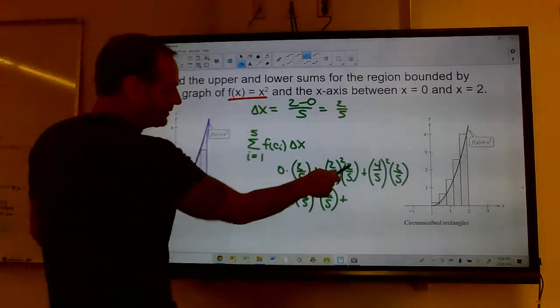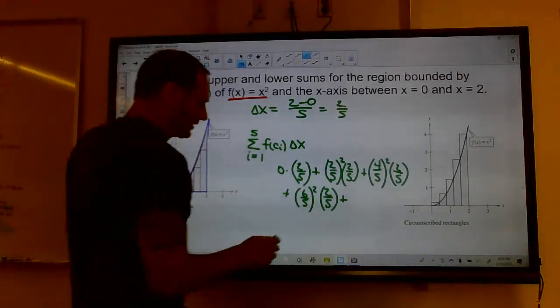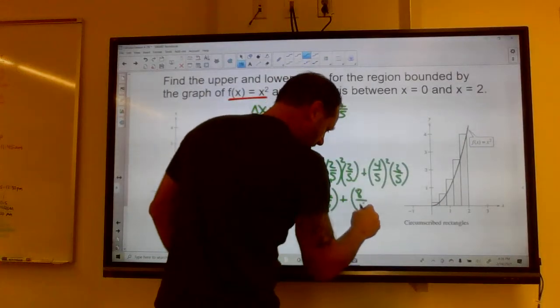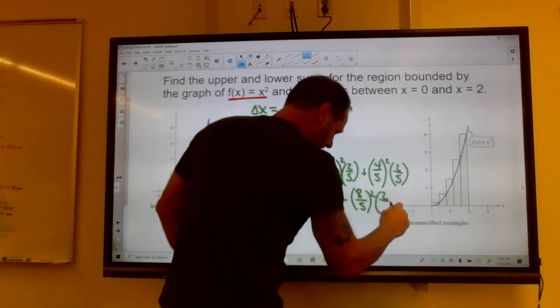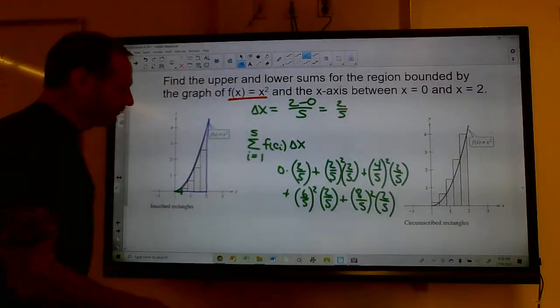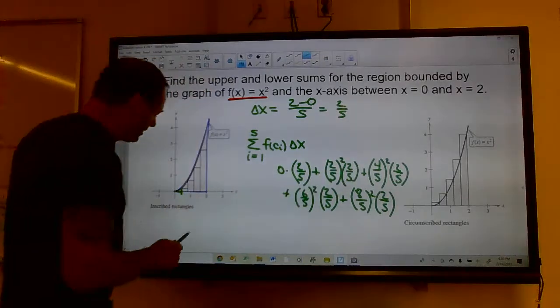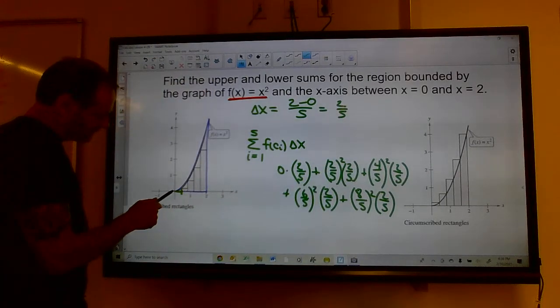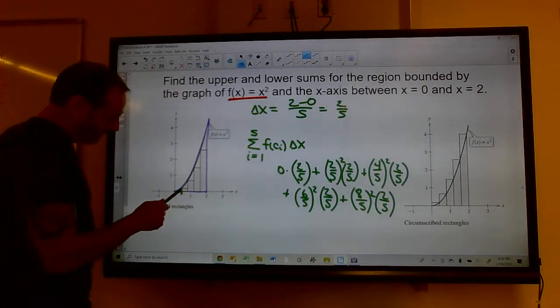Let's see, that's 1, 2, 3, 4. I've got one more, so the next one is going to be 8/5 squared times 2/5. Now if you're wondering where I got these numbers, remember I took 2 minus 0 and divided that by 5, so I have 5 sections.